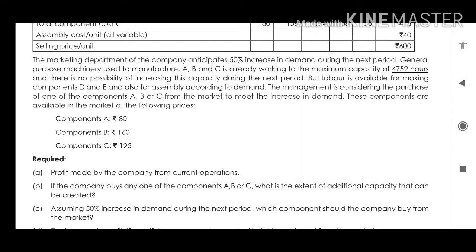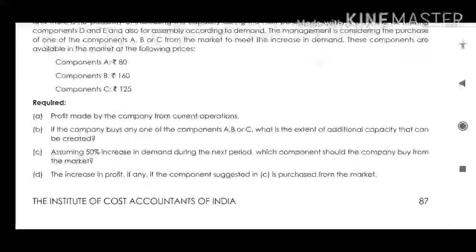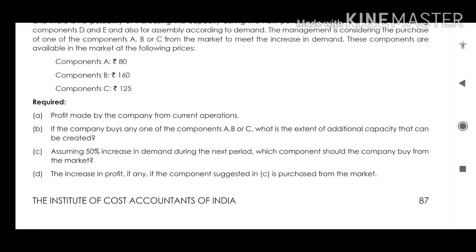The management is considering the purchase of one of the components A, B or C from the market and the prices are given. First question is we have to prepare the statement showing profit made by the company from current operations, that is without considering any increase in demand. If the company buys any one of the components A, B or C, what is the extent of additional capacity that can be created?